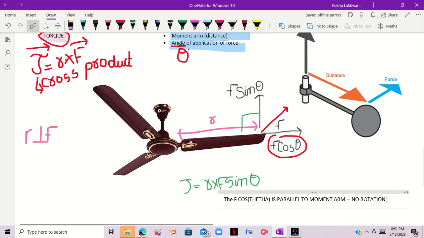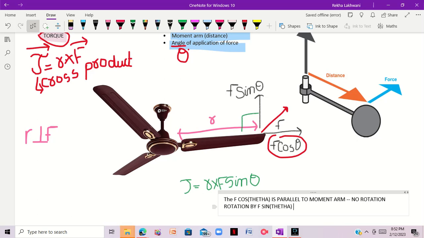There will be rotation only by F sine theta. I hope this is clear to you.